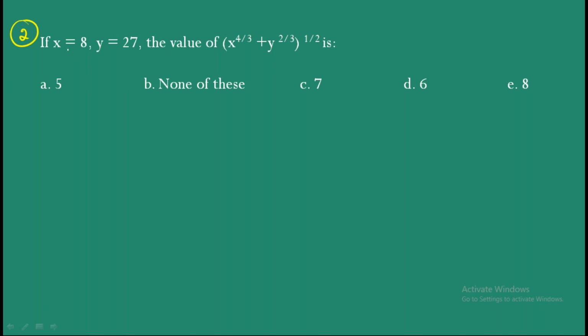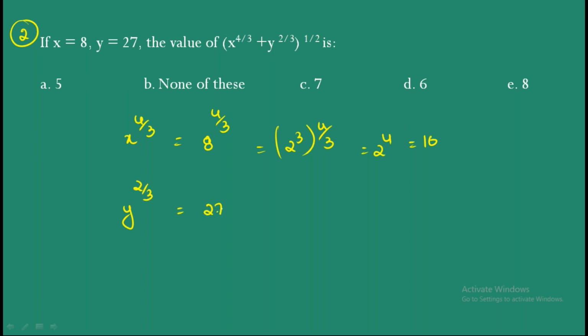Okay, x value is 8. You have to find x power 4 by 3, which is 8 power 4 by 3. 8 can be written as 2 cube, so we get 2 power 4, which is 16. Whereas y power 2 by 3 is 27 power 2 by 3, which is (3 cube) whole power 2 by 3, which is 3 square, that's 9.